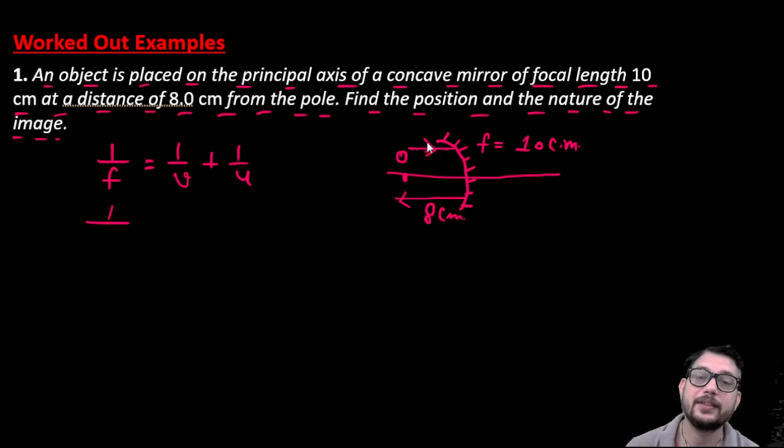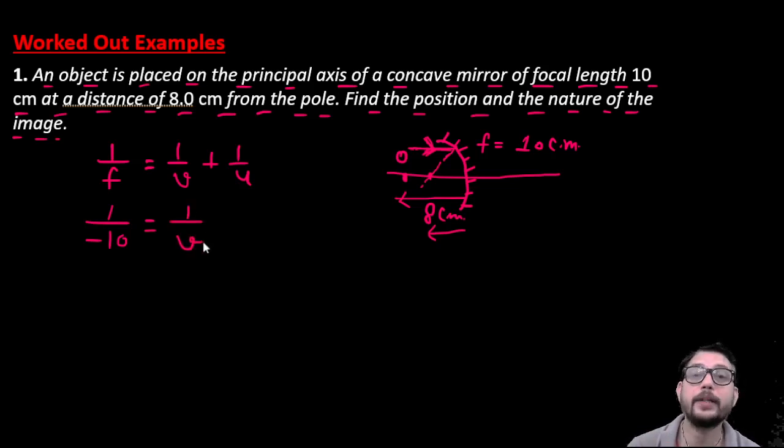If the incident ray is moving this way, then after reflection it will intersect this way, and this will be your focus. So you have to move in the opposite direction of the incident ray, so f will be negative, so it will be minus 10. I hope this is now clear to all of you, because I have already explained this in the topic of sign convention.